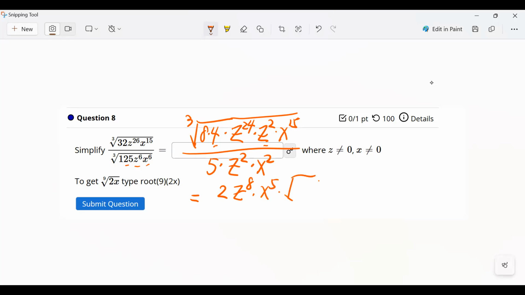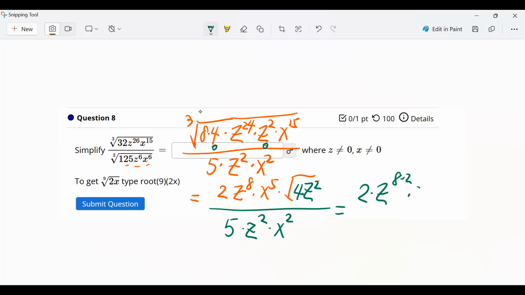And the other two terms, this term and this term, go inside the cubic root for z squared. Now on the bottom, we get a 5z squared and x to the 2nd. And we still have to simplify a little bit. So z squared goes into z to the 8th. So here we do z to the 8 minus 2.